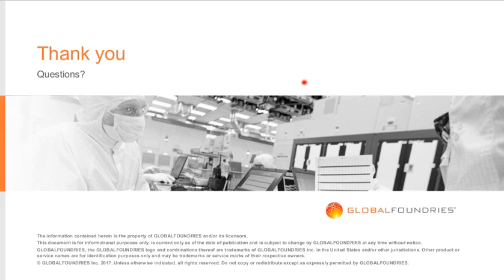So we provide these two solutions for the millimeter wave design. The high Q can be used in the signal path, and the high density one especially can be used in the analog or the intermediate frequency blocks.